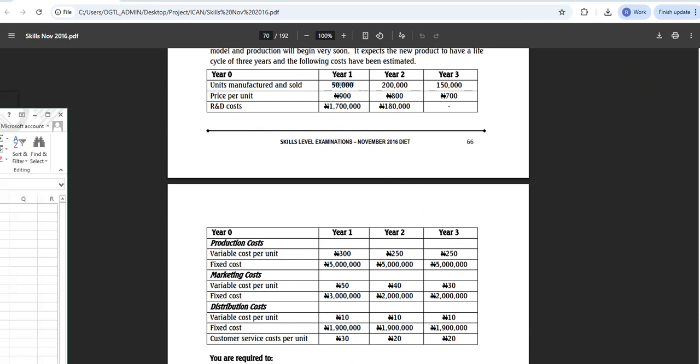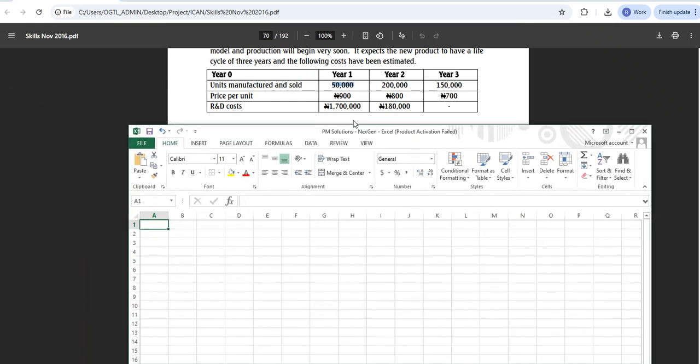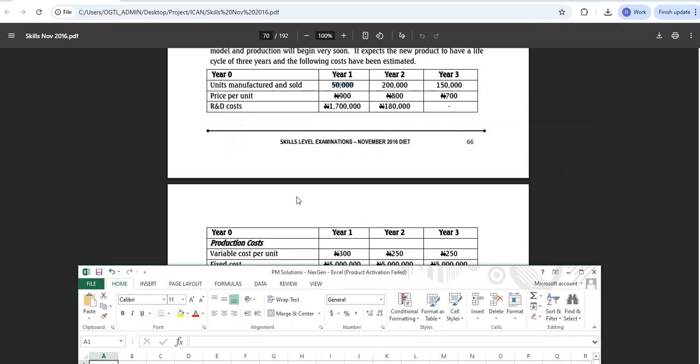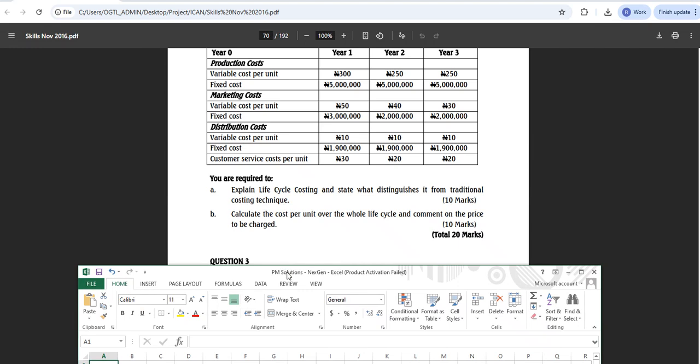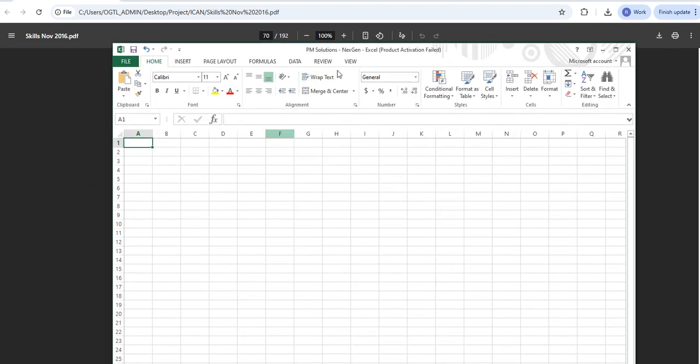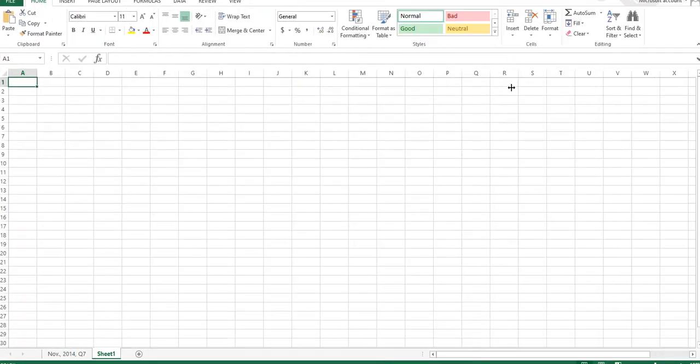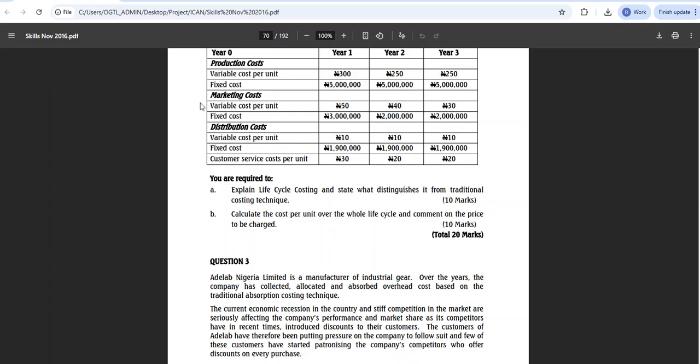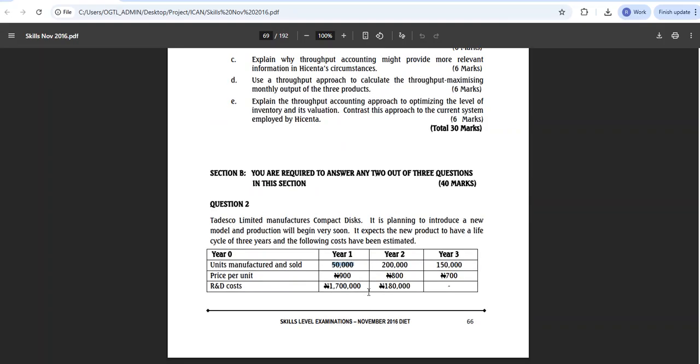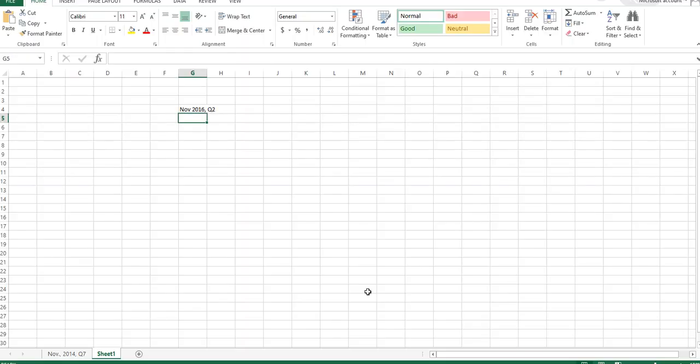What date is this again? November 2016, question 2. I believe you guys can see my screen, right? November 2016, question 2. What's the name of the company?